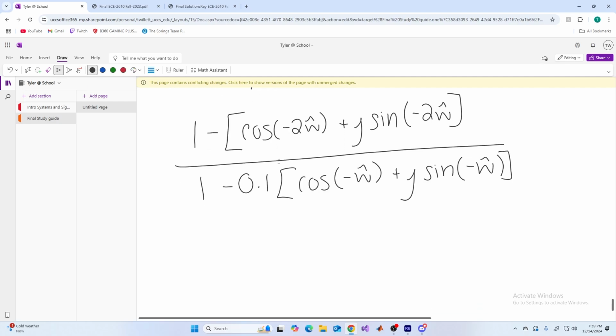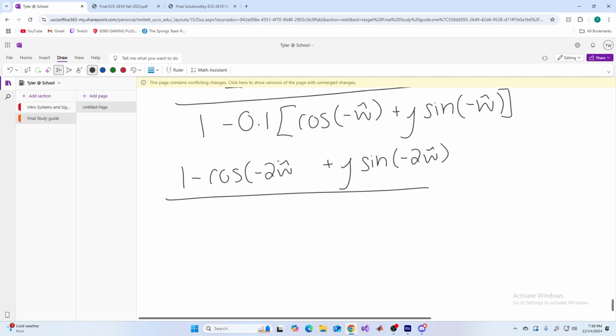So what I mean by that is I can say this is 1 minus the cosine of negative 2w hat plus the j of sine negative 2w hat. And this one on the bottom is 1 minus the cosine of negative w hat. So there should be a 0.1 in front of this. I forgot to distribute the 0.1. Let me go ahead and clean that up.